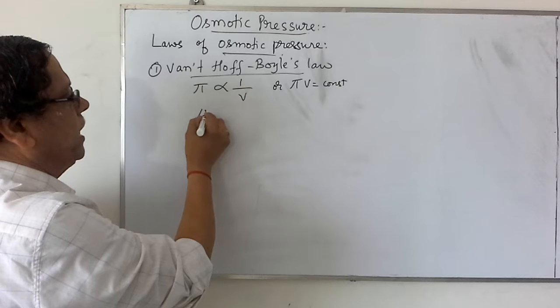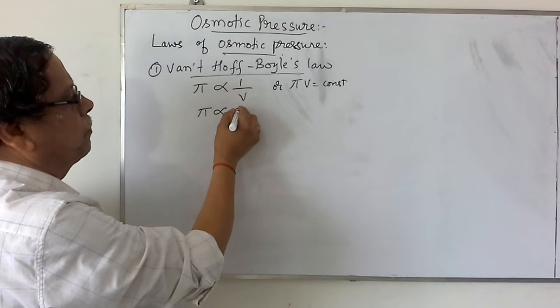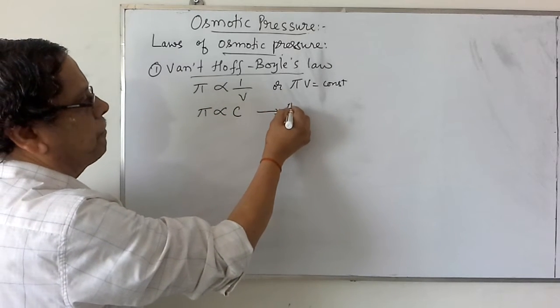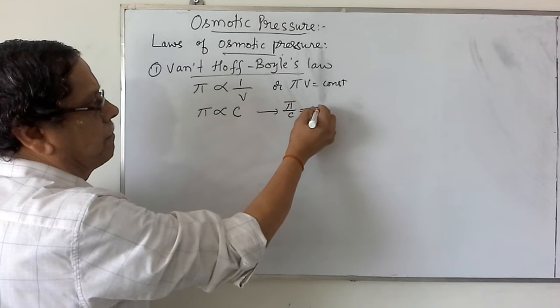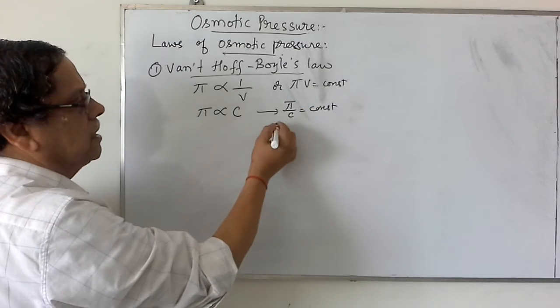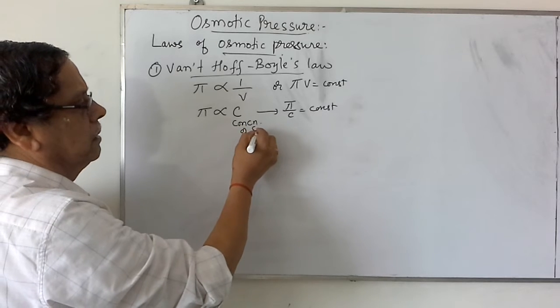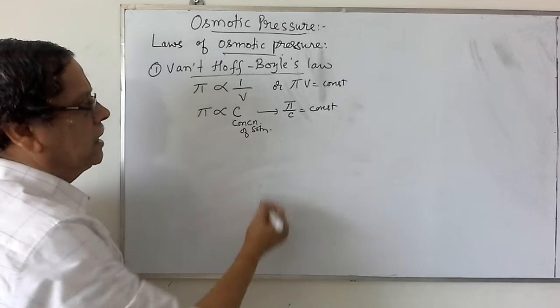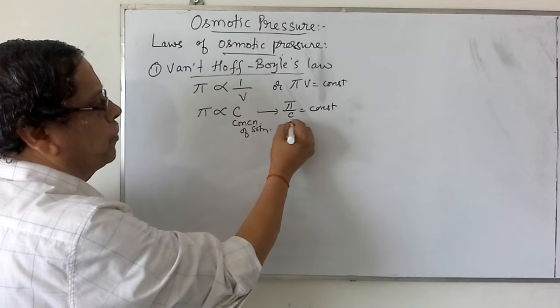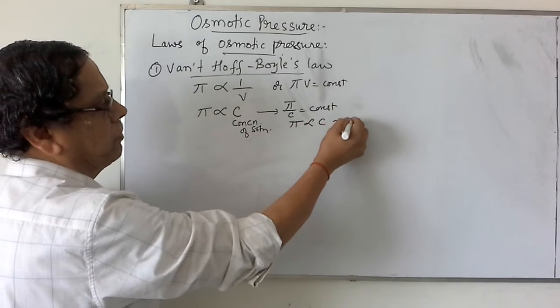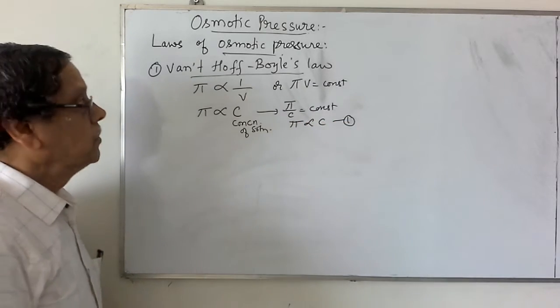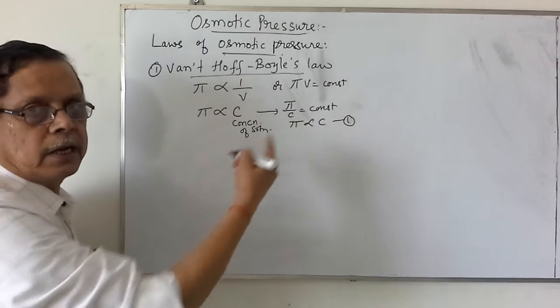Or instead we can write directly as pi is proportional to C, or pi by C is constant, where C is the concentration of the solution. Let us consider this pi is proportional to C as equation number 1. So this is according to Van 't Hoff-Boyle's law.